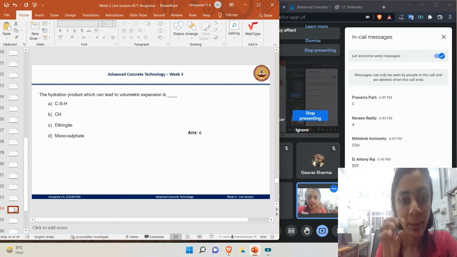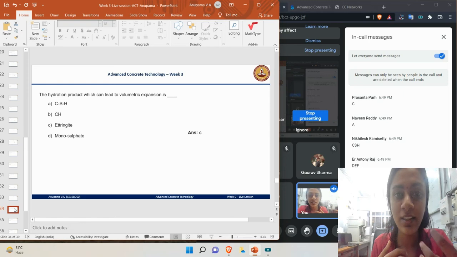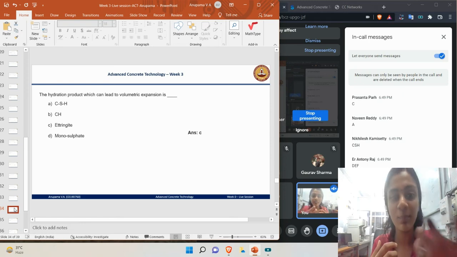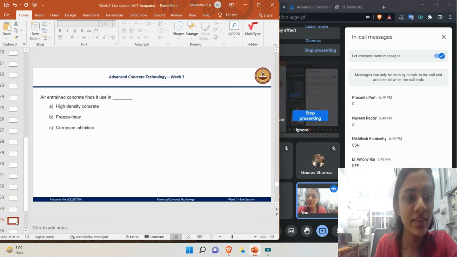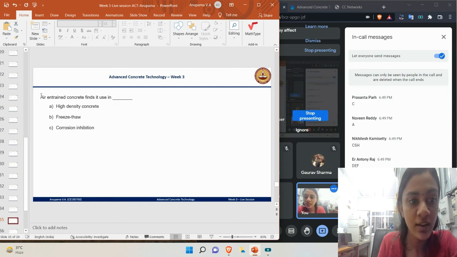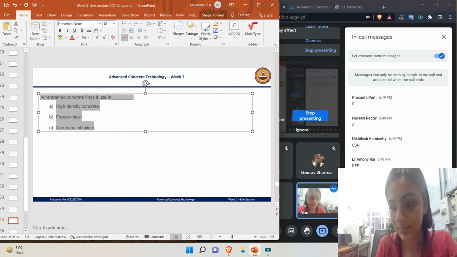Shrinkage and expansion are contradicting phenomena. So if there is already an expansion in the initial stages, once it shrinks, it will come back to the original state. That is how shrinkage compensating concrete works, and there also they go for the formation of ettringite. So the next question is: air entrained concrete finds its use in high density concrete, freeze thaw, and corrosion inhibition.